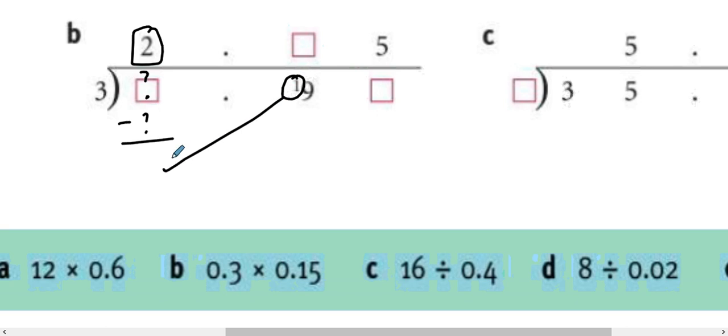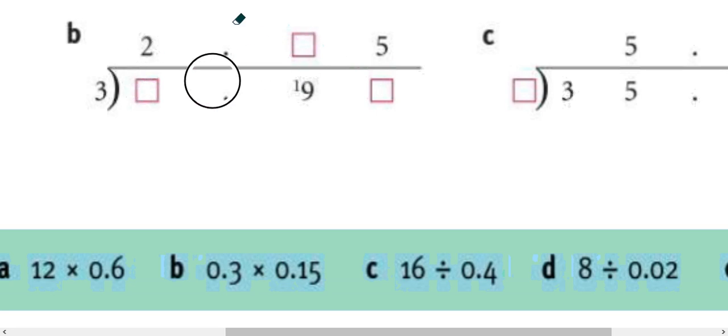The remainder was 1 here. Okay, now let me try to figure out. Which number divided by 3 equals 2? Which number divided by 3 equals 2? That means, remember, we have to get a remainder of 1 here when you subtract.